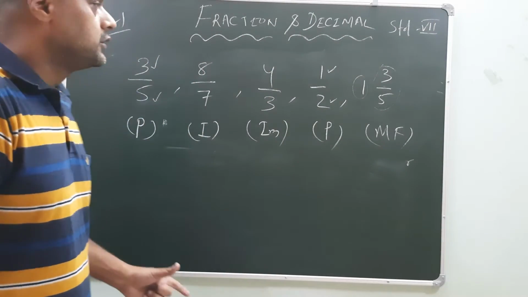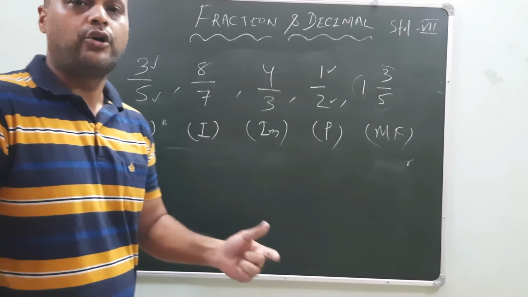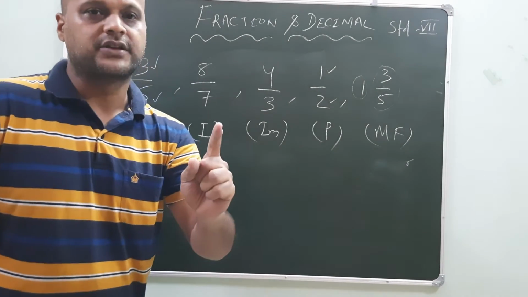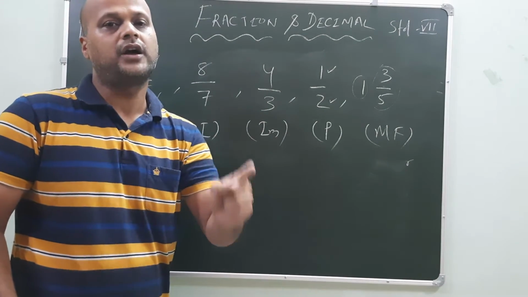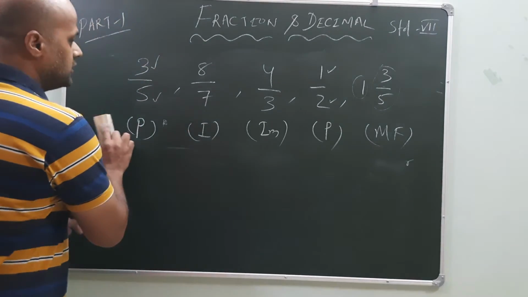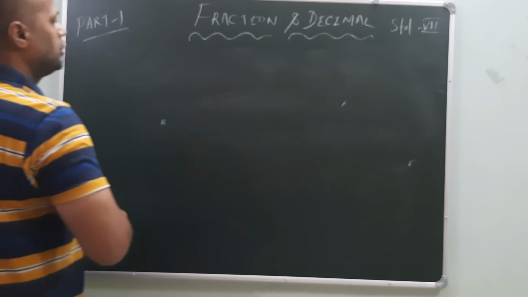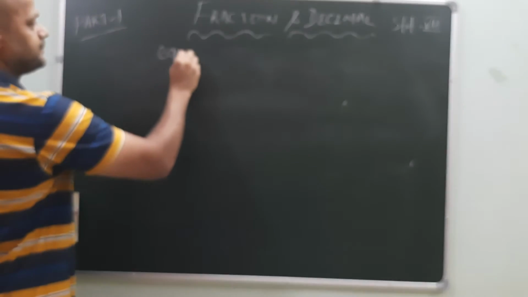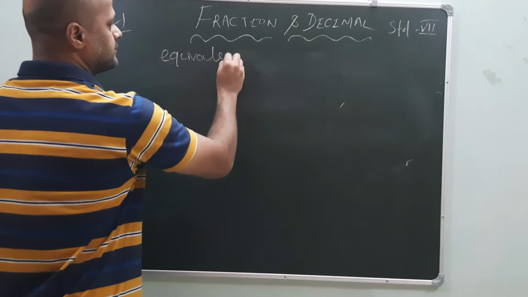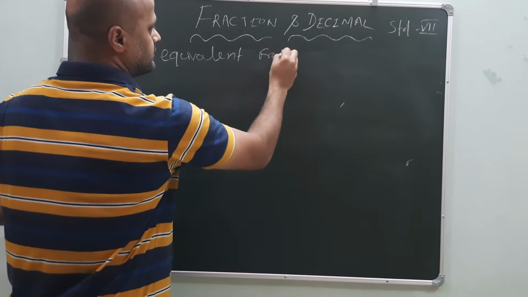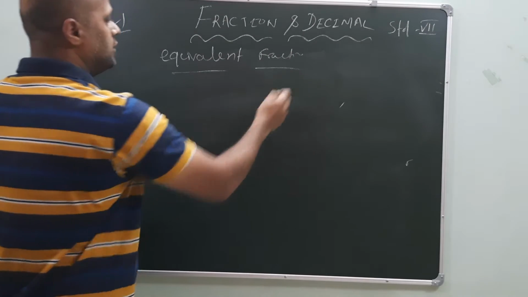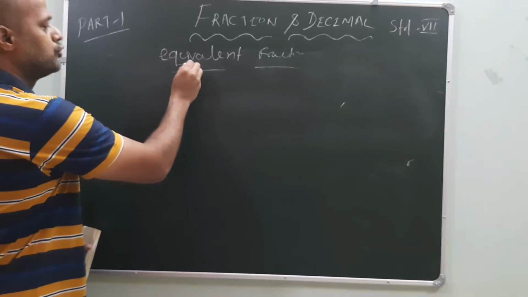Okay. Now we will study how, if a single fraction is there, you will find the equivalent fractions. Okay, now come to the point. Equivalent fraction. What is the equivalent fraction?